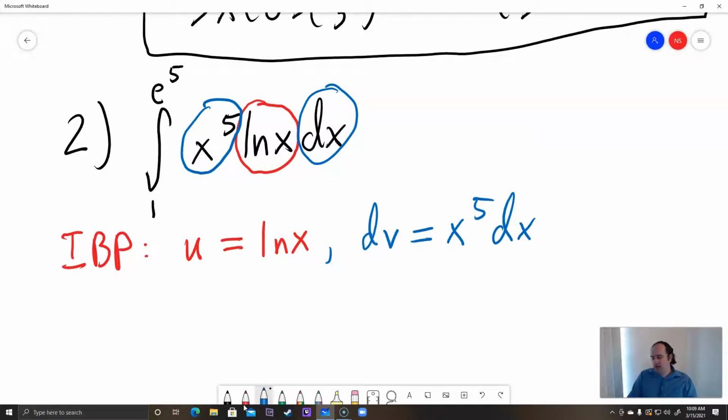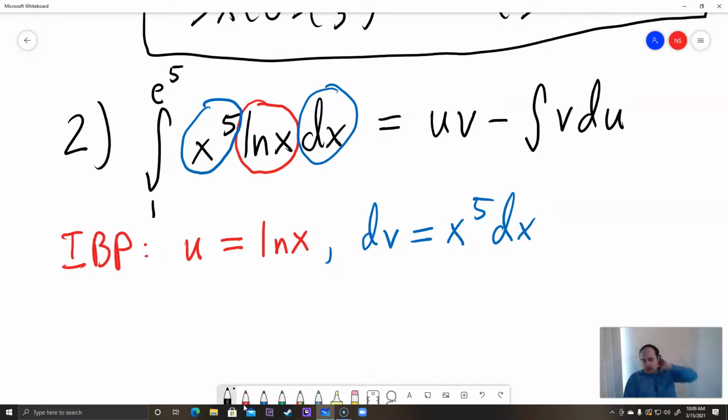And then in order to use the formula, the integral of u dv equals uv minus the integral of v du, you have to calculate both du and also v.